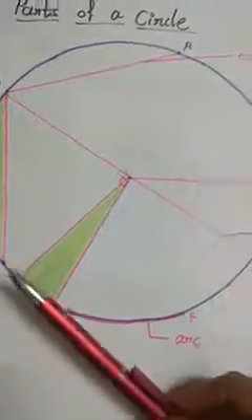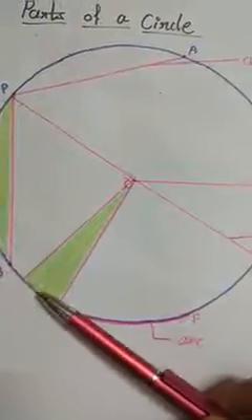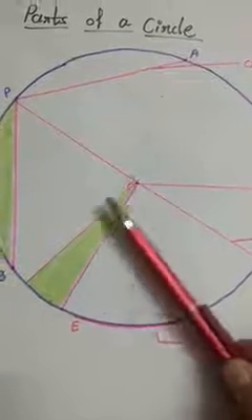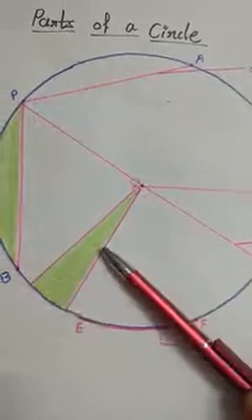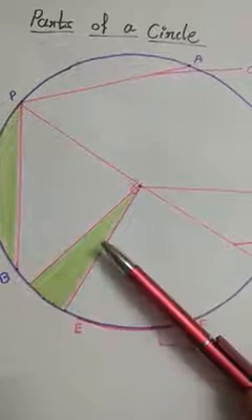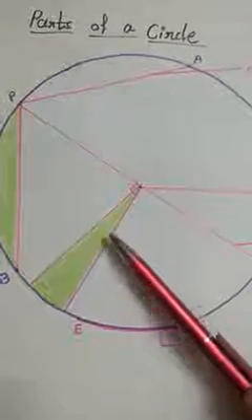A sector is the region in the interior of the circle enclosed by an arc on one side and a pair of radii on the other two sides.